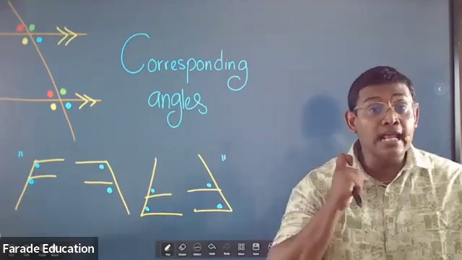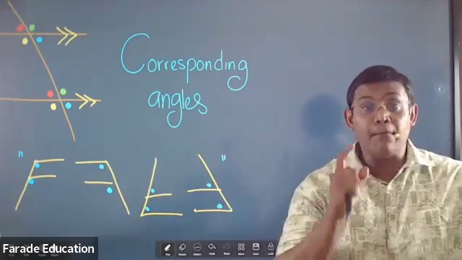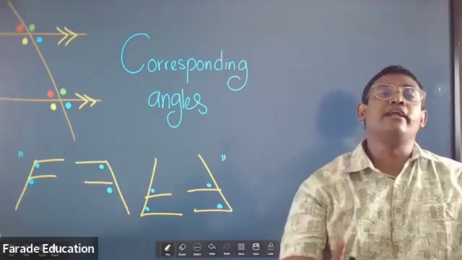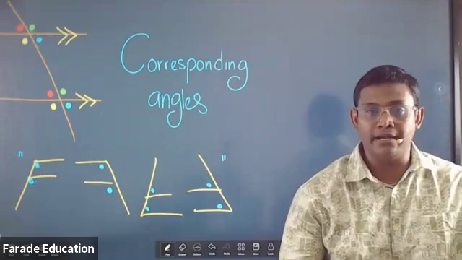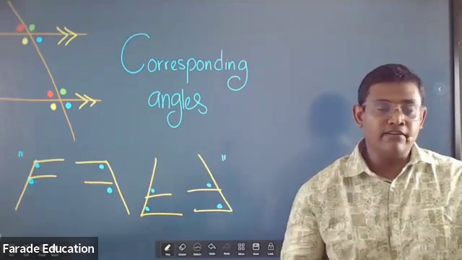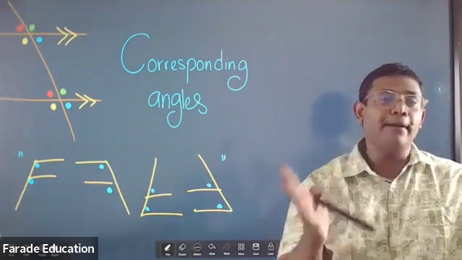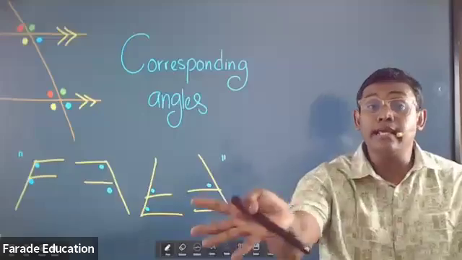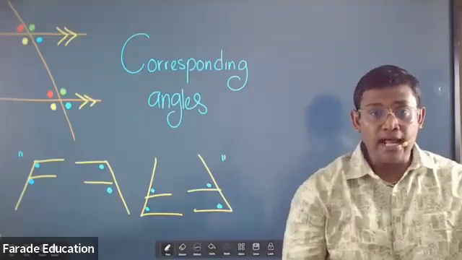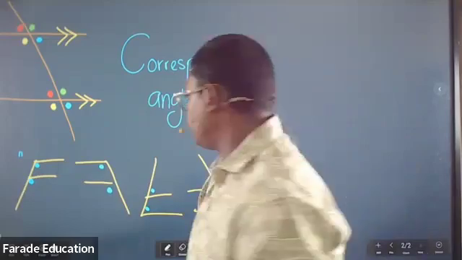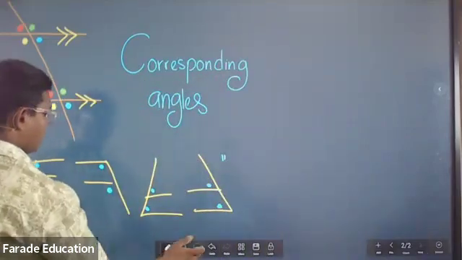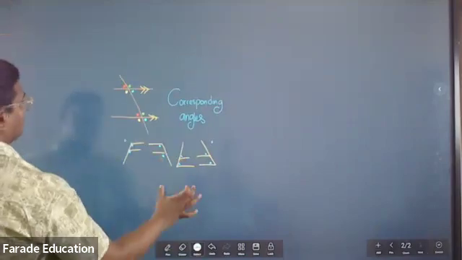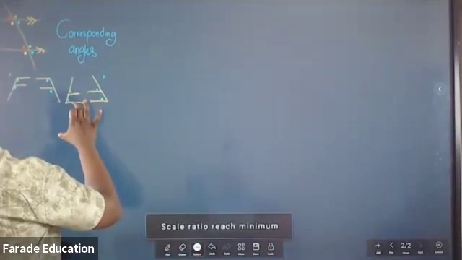Only if the lines are parallel, the corresponding angles are equal. Keep that in mind. Even without parallel lines, they are a pair of corresponding angles, but they are not equal. When they are parallel, the corresponding angles are equal. Keep that in mind. Okay? So here, this is the first one. I'll keep it on top.